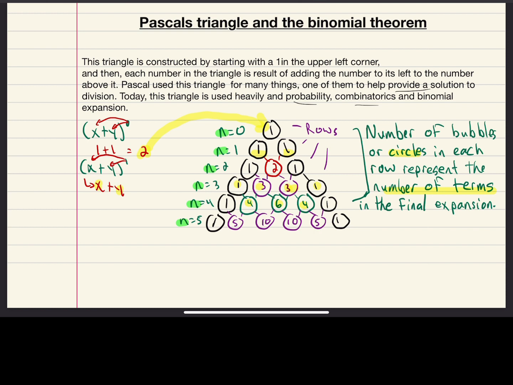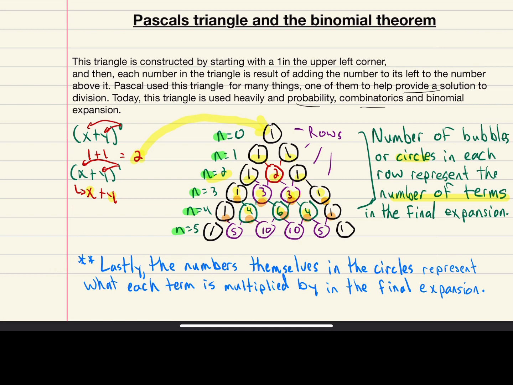And so then using this triangle, I can kind of simplify or jump to the fact that if I have a degree of 2, I know that my final expansion is going to have 3 terms. If I have a degree of 3, it'll be 1, 2, 3, 4 terms. Right over here, if I have a degree of 4, it'll be 1, 2, 3, 4, 5 terms, etc.